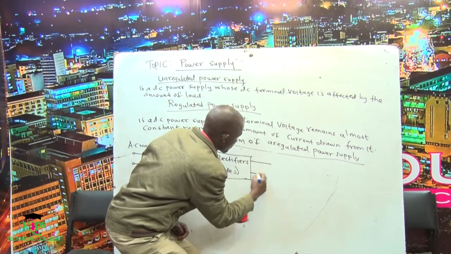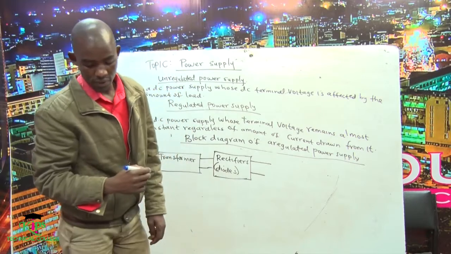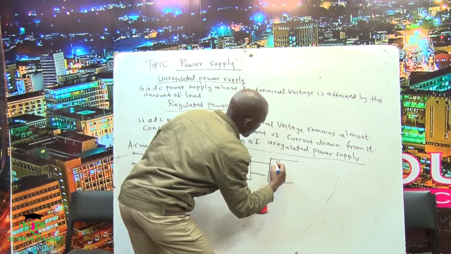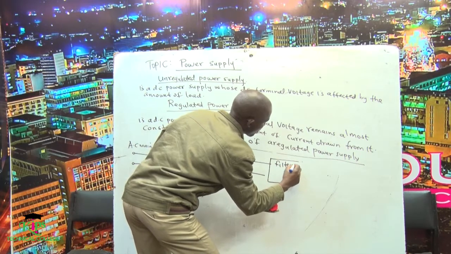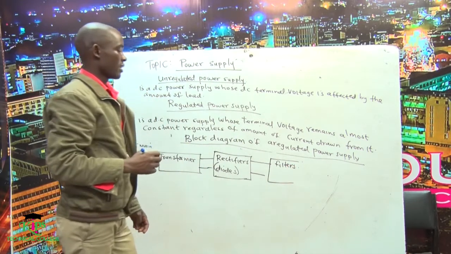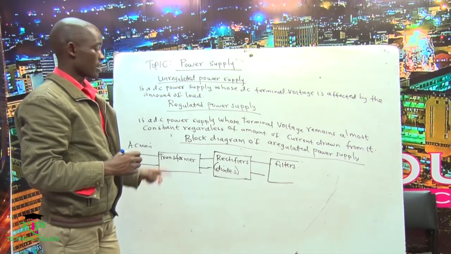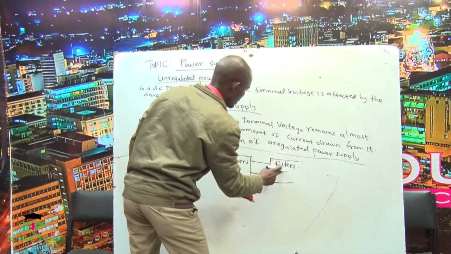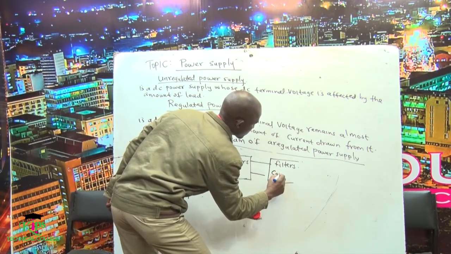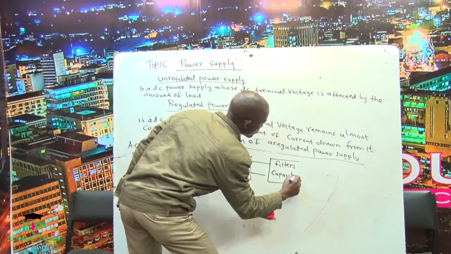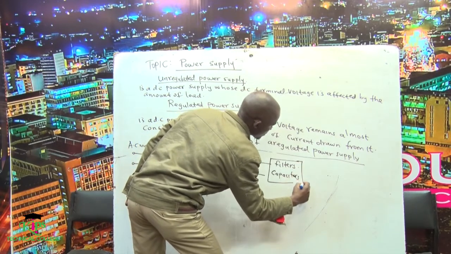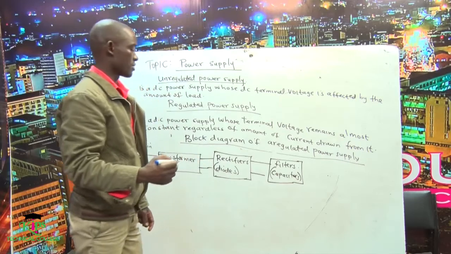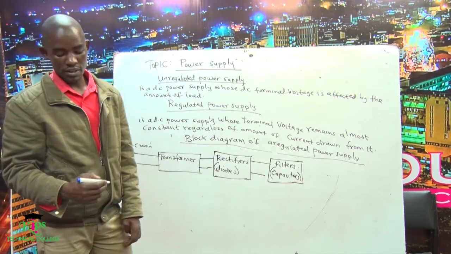After these, we will now move to filters. We will use filters, and basically the commonly used component for filtration is known as the capacitors. You can use capacitors, or sometimes you can use inductors, but most commonly we use capacitors to filter.